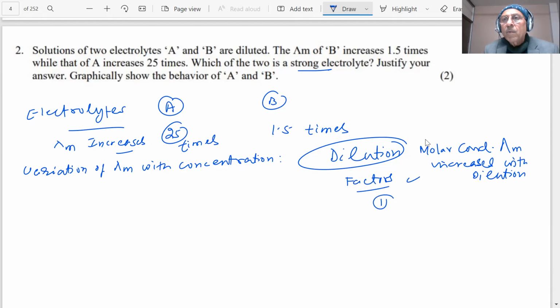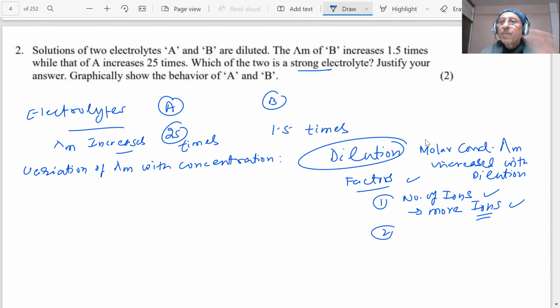It depends on the number of ions, students. If there are more ions, then there will be more molar conductivity. In 1 mole of an electrolyte, if there are more ions, it will have more molar conductivity.